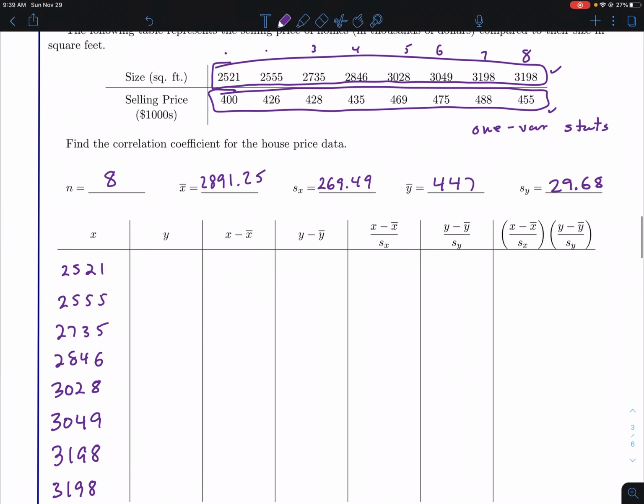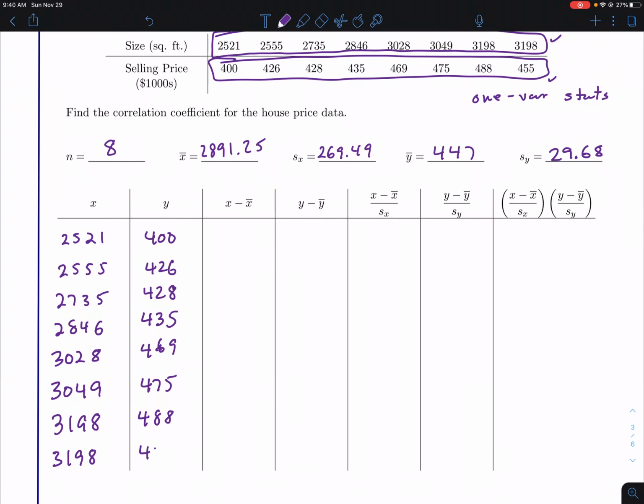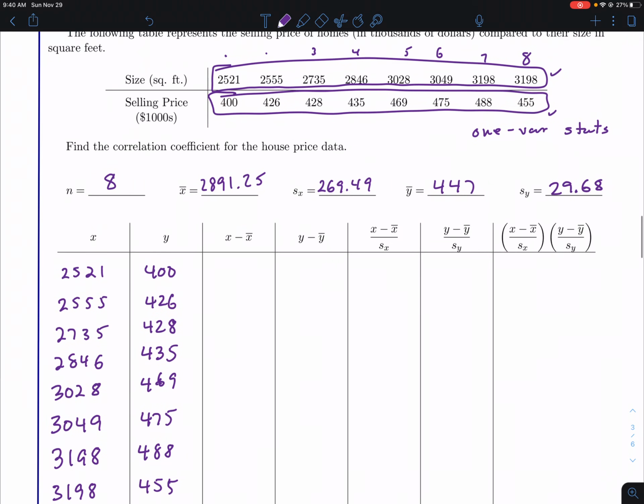And we want to make sure we match the Y's up. So we've got 400, 426, 428, 435, 469, 475, 488, and 455.